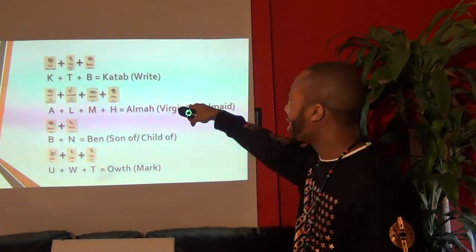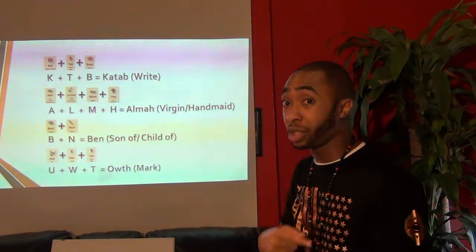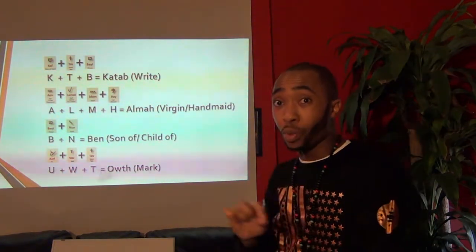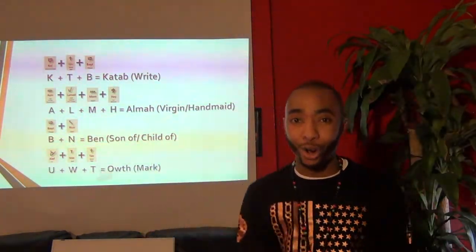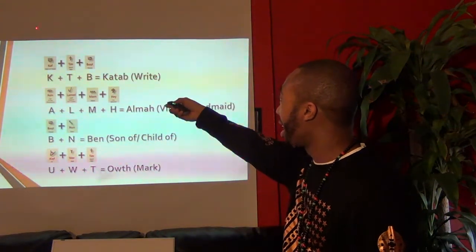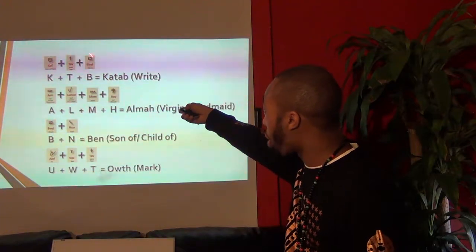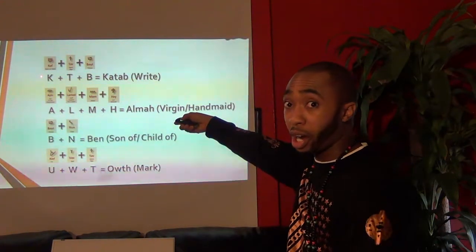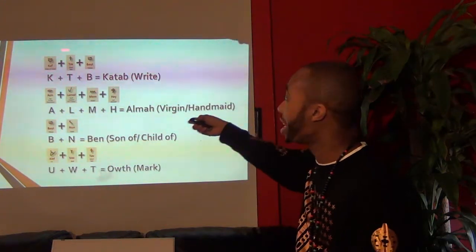So we know that katab means to write because when you were writing something in ancient times, you used your hand to mark a symbol on something, and most of the time writing was done in the home. So when you decipher katab, the trilateral consonants K, T, and B, you get right, because the hand makes marks or symbols on a vellum or papyrus within the home. This is how you get writing.